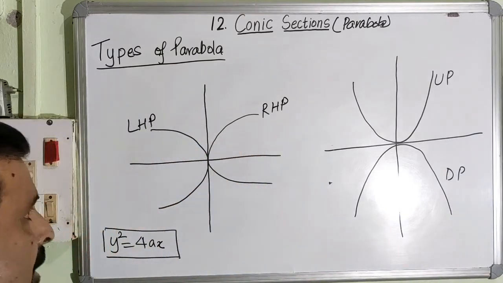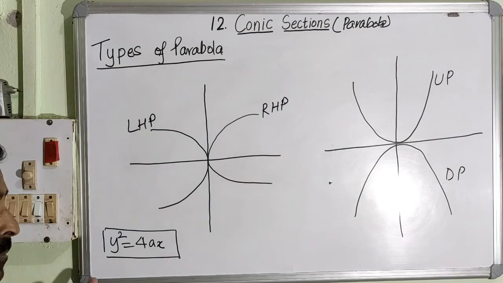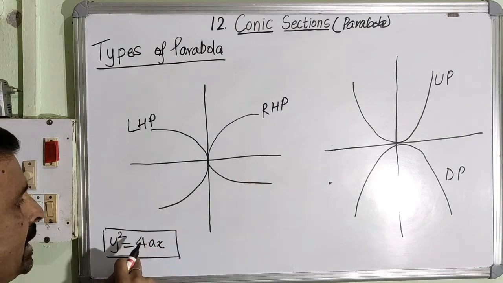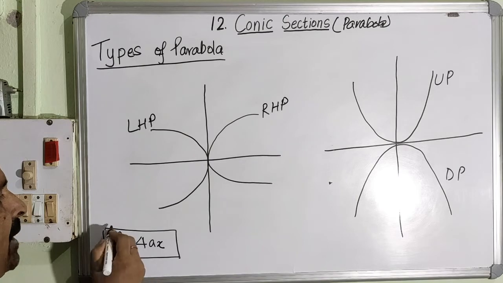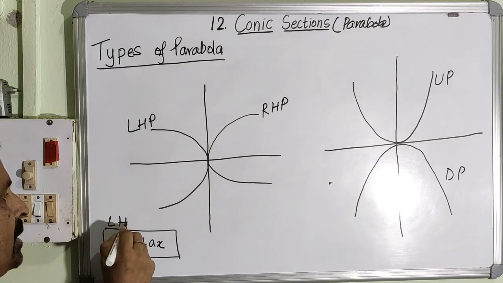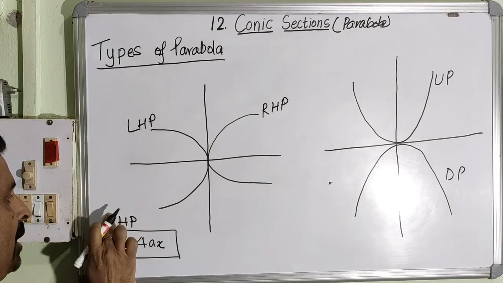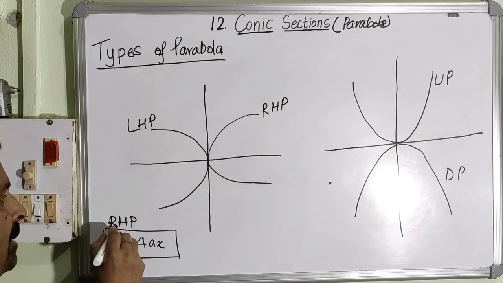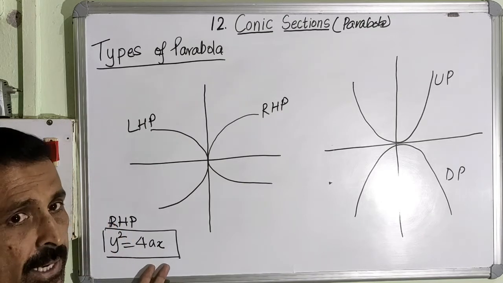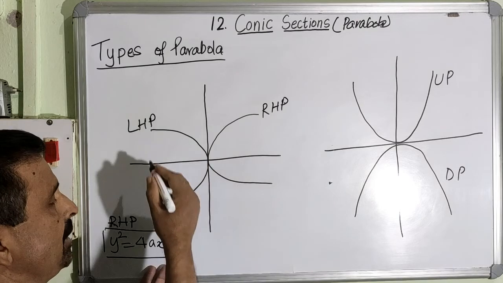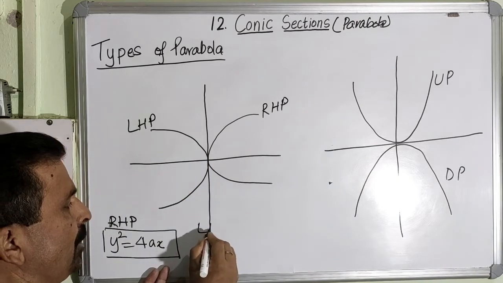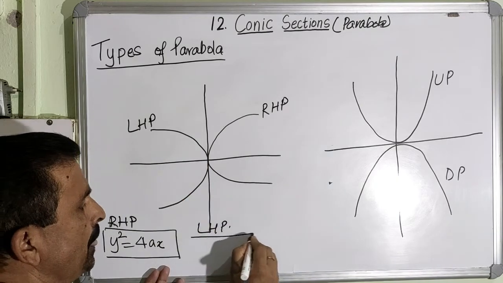Is it okay? Now, we will see that this is the equation for the left-hand parabola, and this is the equation for the right-hand parabola. We derived the first parabola as a right-hand parabola, so this was the equation for the right-hand parabola. Similarly, if we have a left-handed parabola, what would be the equation?